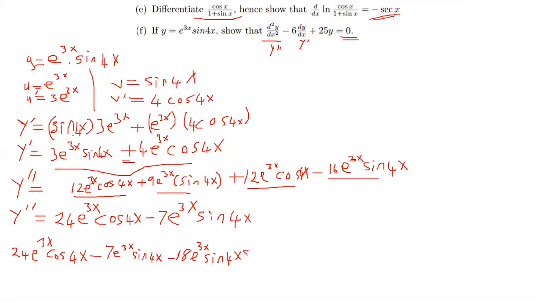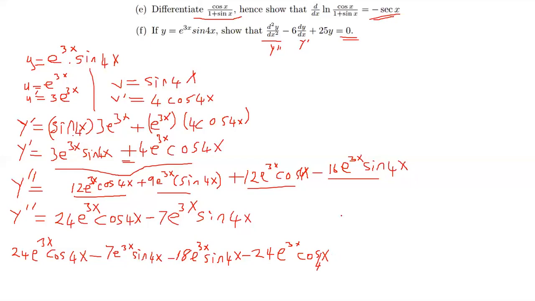Let me just write it properly. So this is going to be negative 24e to the power 3x cos 4x. I mean, this is supposed to be cos 4x.